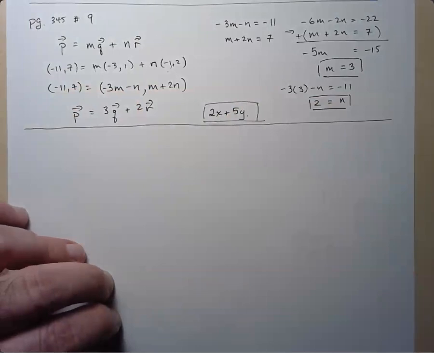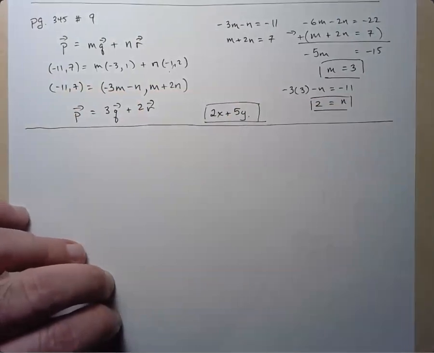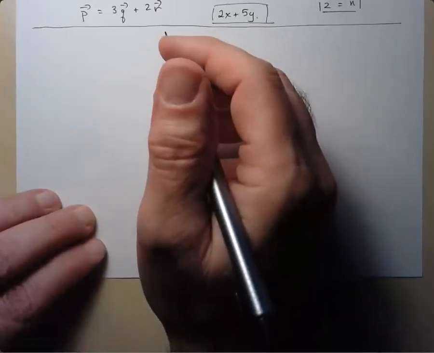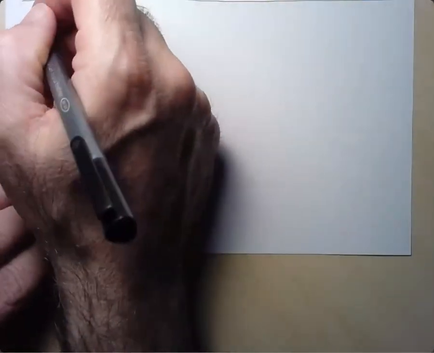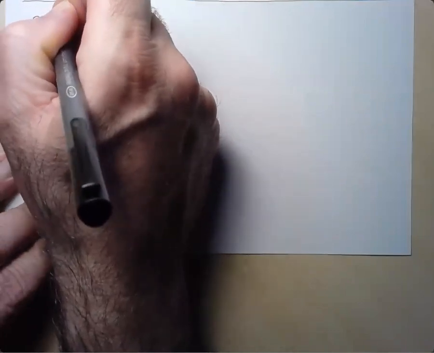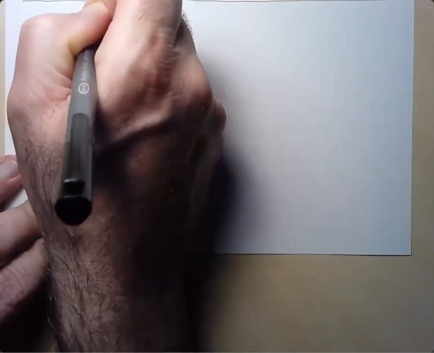All right. So I believe on this next page, some person asked for 10A and somebody 345 number 10. Okay, just number 10 in general. All right, so let's take a look. 345. So here, page 345, number 10.